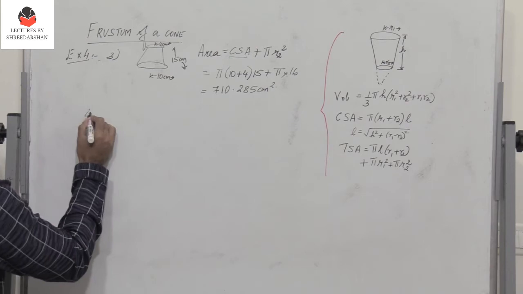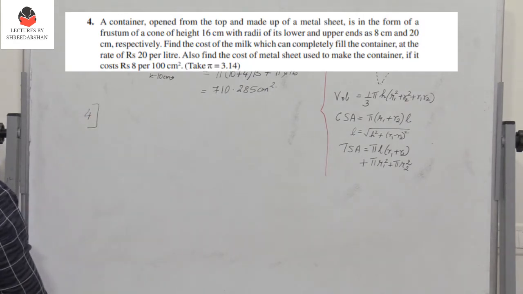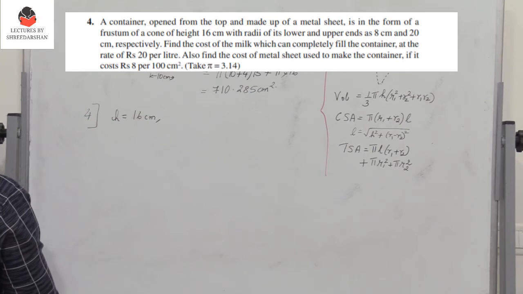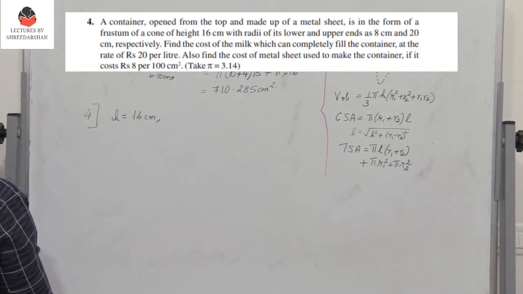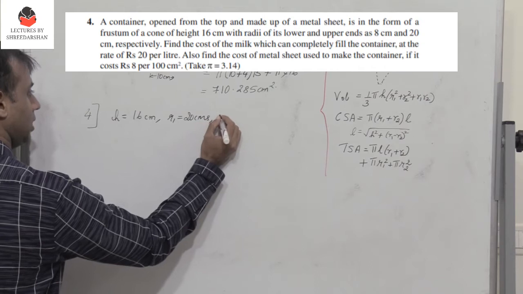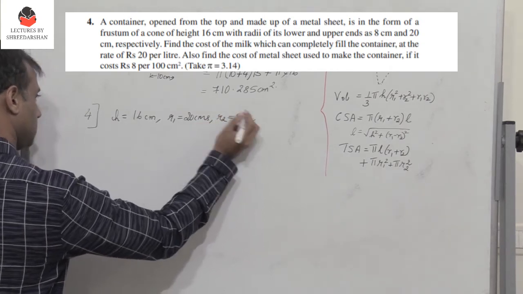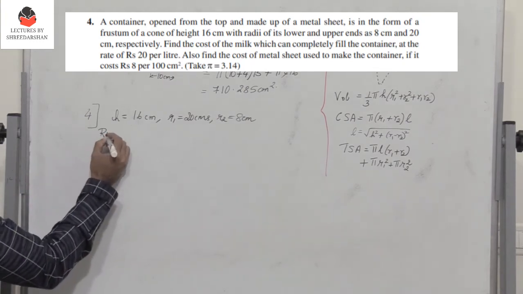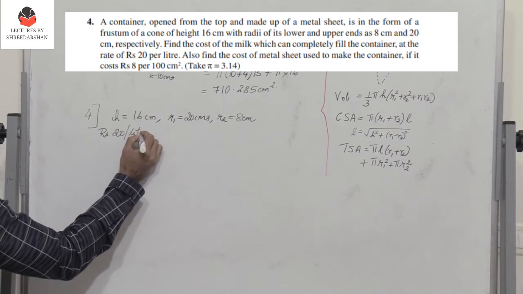A container open from the top and made of metal sheet is in the form of a frustum of a cone of height 16 centimeters with radii of its lower and upper ends as 8 and 20 centimeters. So R1 is 20 and R2 is 8 centimeters.